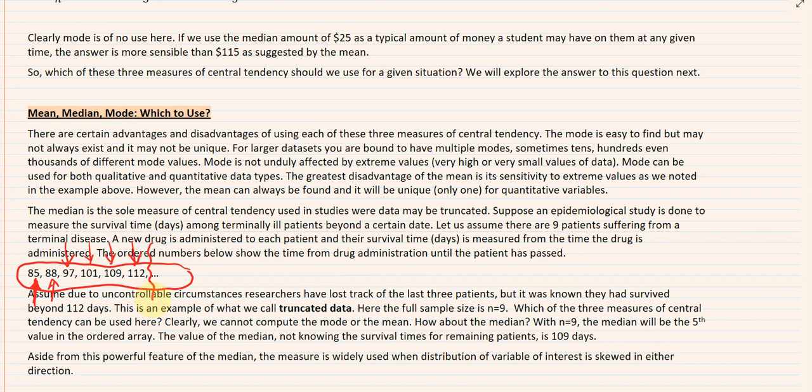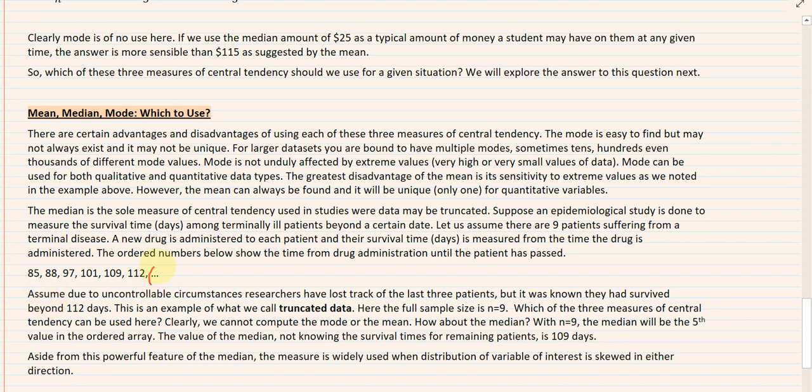They severed their contacts with me. But I know, as of 113 days, all 3 were alive. Hopefully, even though I lost contact with them, they're still alive. They could be alive for 2 years, 3 years, 4 years, whatever the case might be.